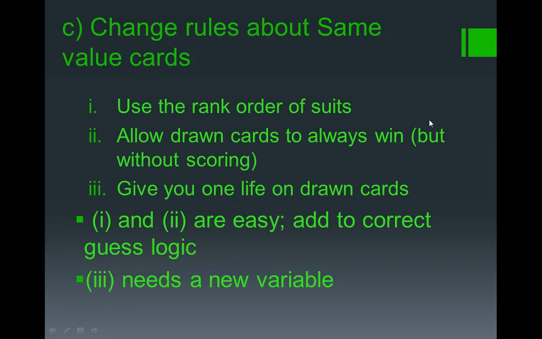Now this is one of the more interesting ones, the same value cards, because there's a few things you can do with it. Using the rank order of the cards is quite nice, because in terms of assessing is card higher, well, that means you've got to add an extra statement to that particular procedure.